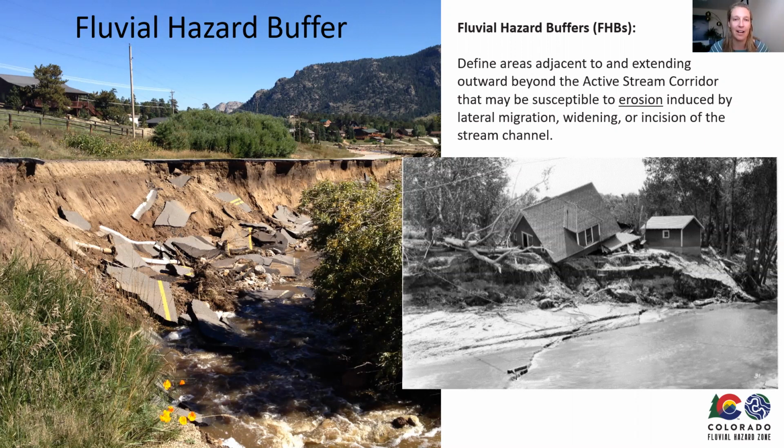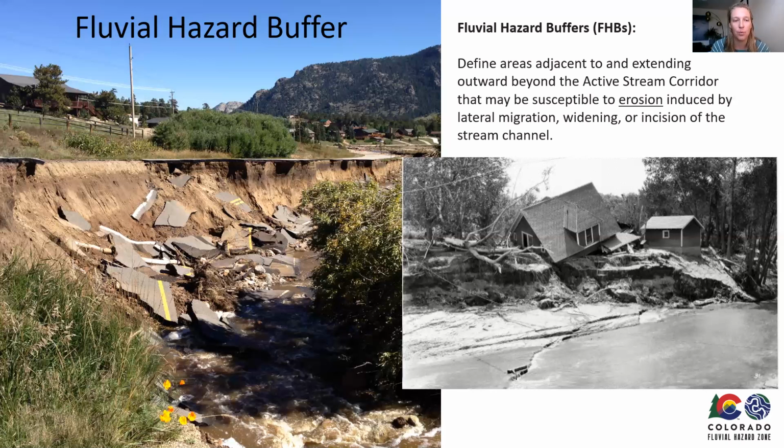So it's really looking at areas that have never been part of the modern stream corridor, but that the river could take in the future. So again, it's not just this historic piece that we're looking at when we're doing this mapping. We're looking at the future, and the fluvial hazard buffer is a significant part of how we're looking forward for some of these hazards.